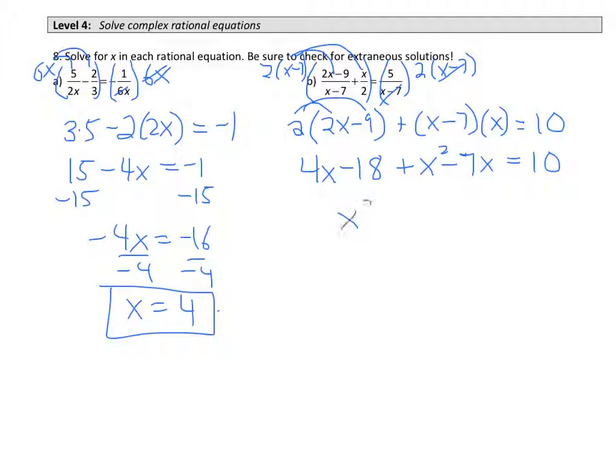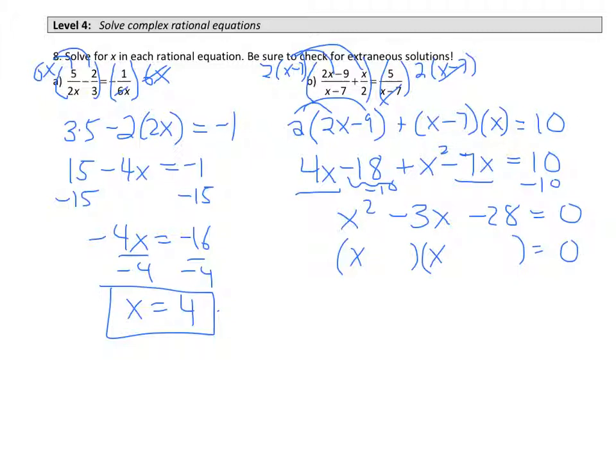I'll start with my x squared term. 4x minus 7x gives me -3x, and the -18, subtract 10 from both sides, we get -28, and then equals 0.